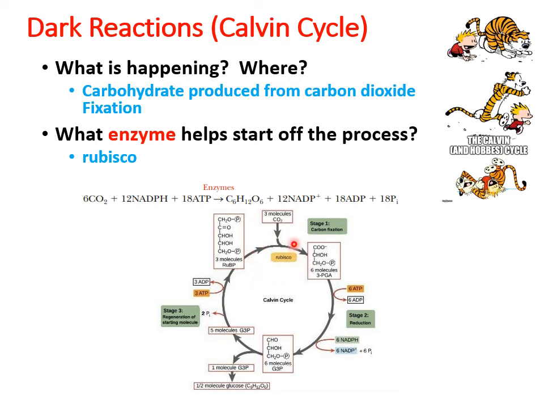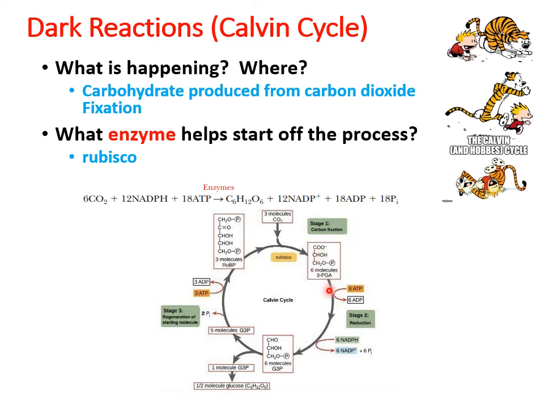I just want you to know the name Rubisco is associated with being the first enzyme in the Calvin cycle. It's basically allowing ribulose 1,5-bisphosphate to condense with carbon dioxide to form the 6-carbon intermediate. They usually show it here as PGA or 3-PGA.